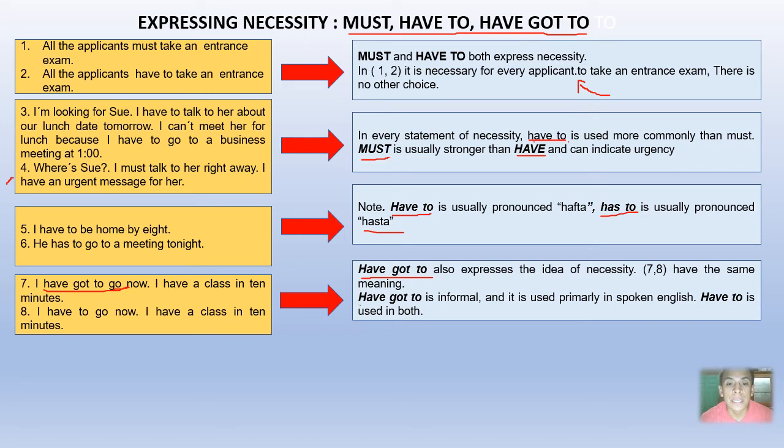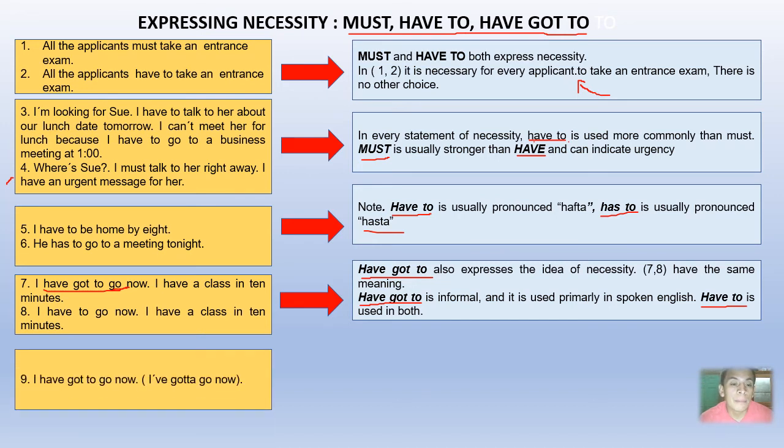This is a really good explanation, because most English native speakers usually use this form, have got to. It's informal, and it is used primarily in spoken English, like I said. And have to is used in both. There's no problem if you decide to use both of them.